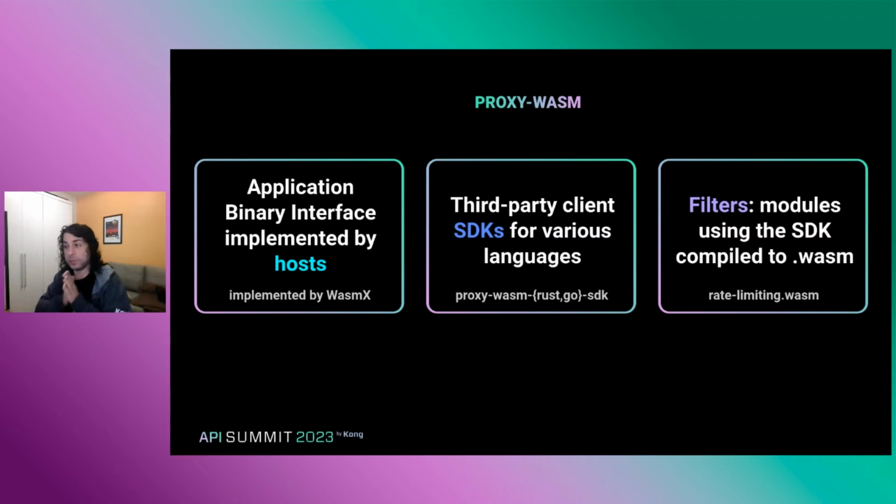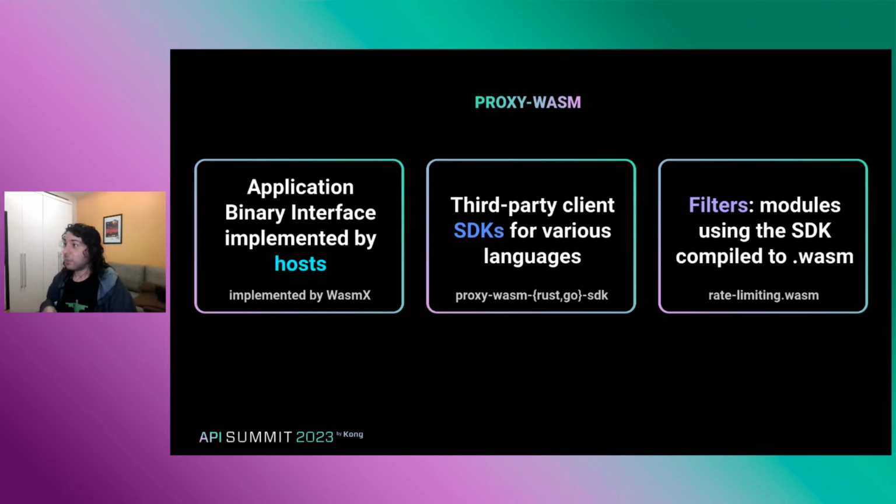So the other piece of the puzzle here, in order to write the code in your favorite language that gets compiled into WASM, is that you need an SDK in that language so that you can import, or use, or require, or include the proxy-wasm function headers, right, so that you can actually issue those calls and not get compiler errors.